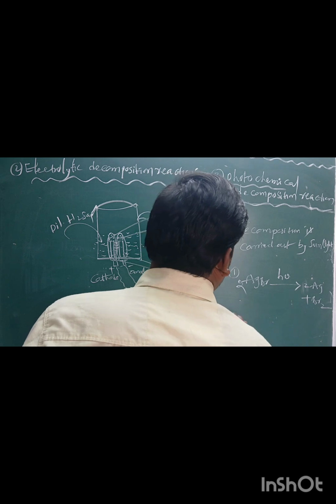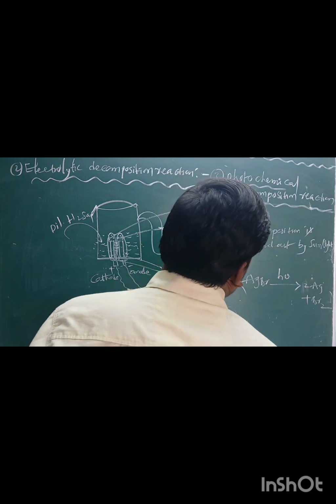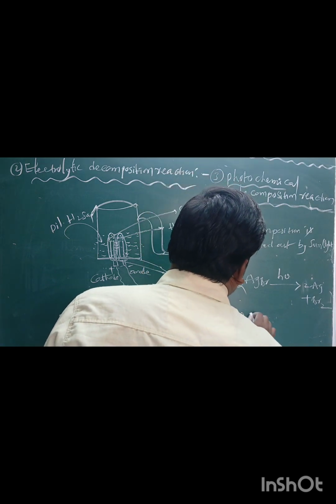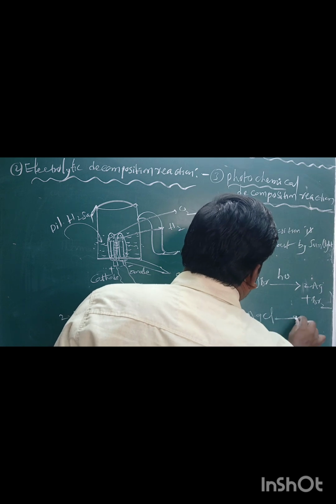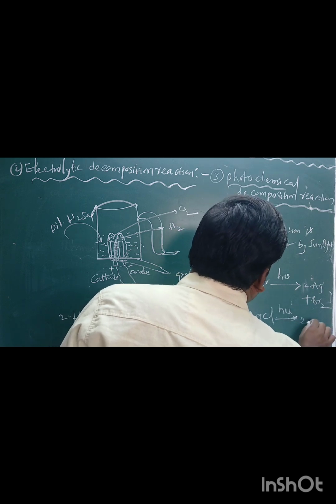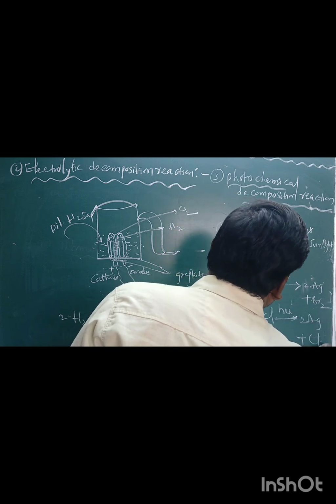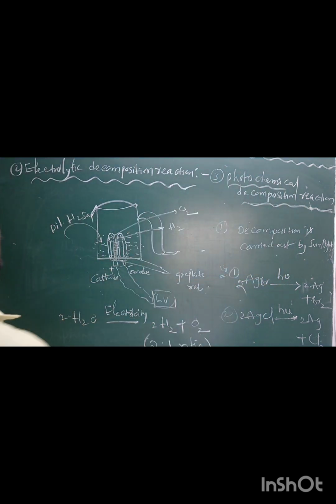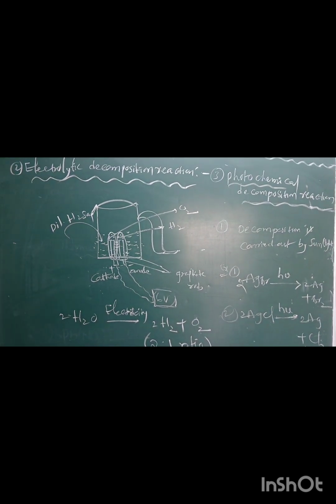2AgBr can be converted into 2Ag plus Br2. 2AgCl can be converted into 2Ag plus Cl2. This is the information about the photochemical decomposition reaction. I hope it is clear.